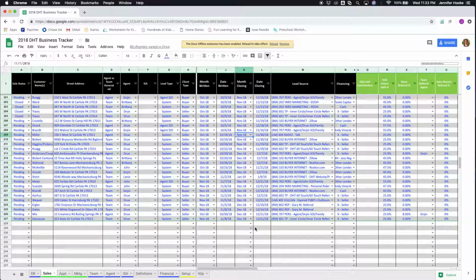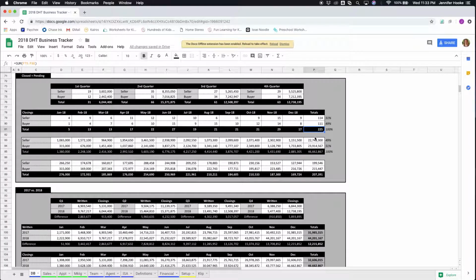So if I correct that and go back, and sometimes there's a delay, it's 225 now, because this number right here was 14, and when I changed that transaction closing date to November of 2018 instead of 17, it added that occurrence here, so it went up from 14 to 15.